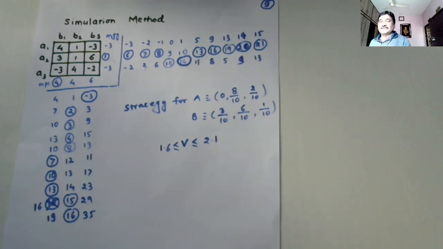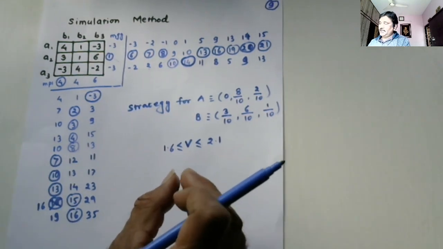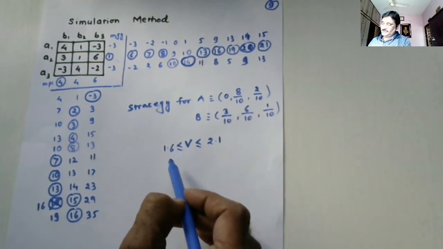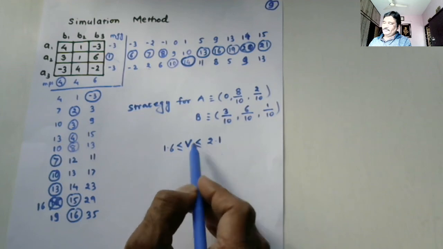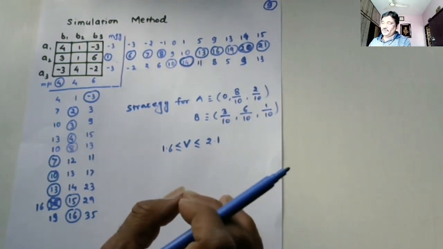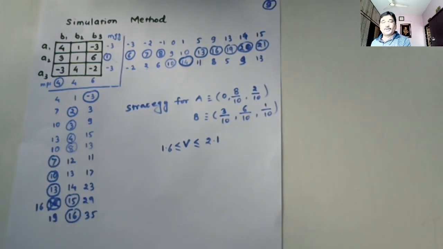If we play this game 14 more times or 100 more times, you will find that the range will continue to converge, and a point will come when you will see that both these values are the same, and that will give you the correct proportion in which the game should be played.